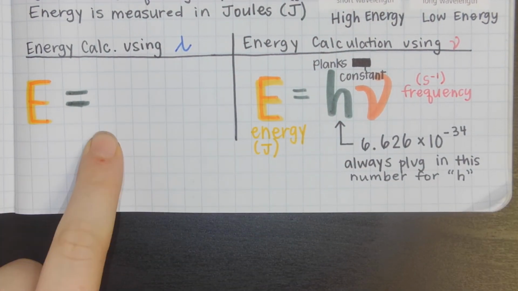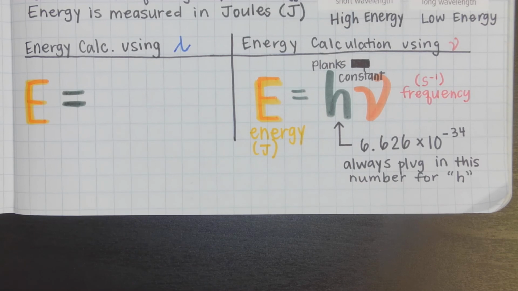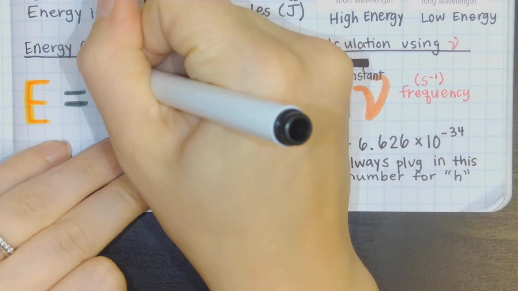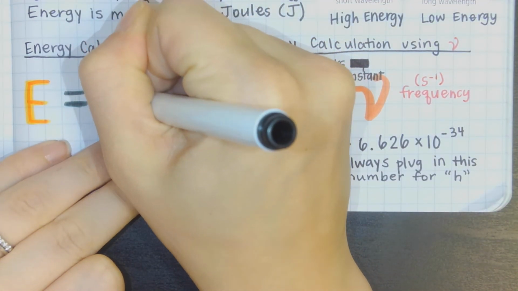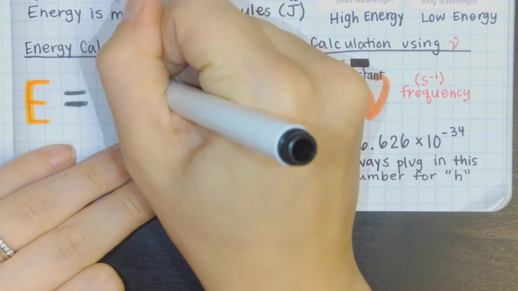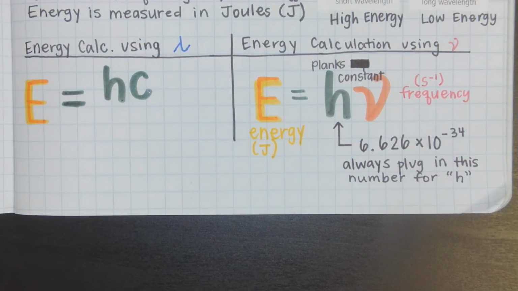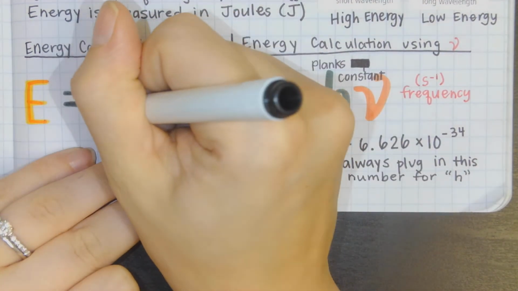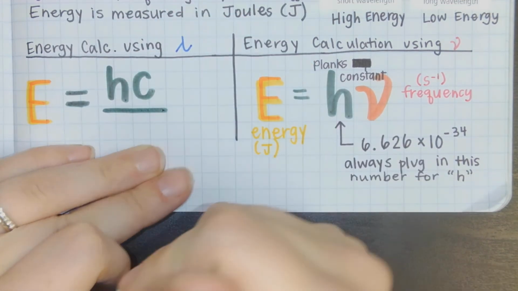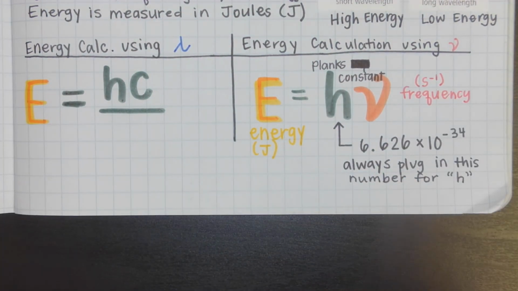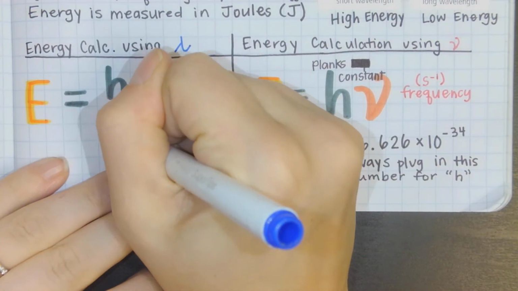This one is going to be energy equals H, same exact H, times the speed of light, letter C, divided by the wavelength.